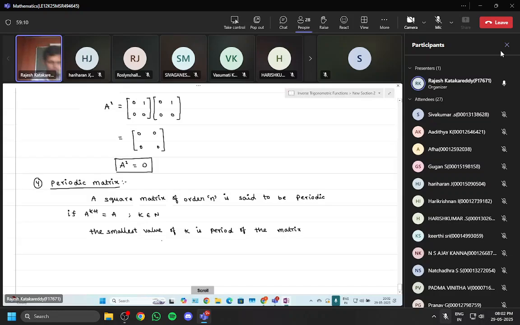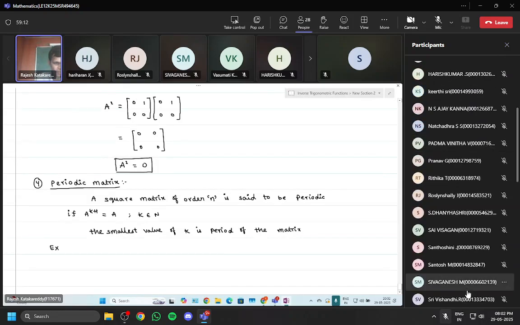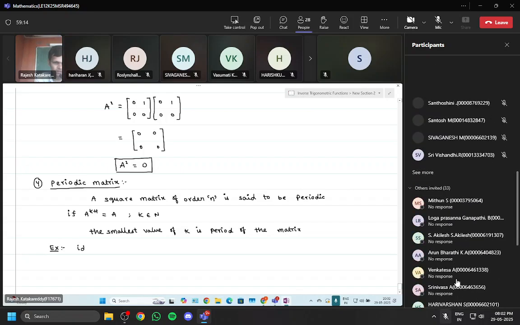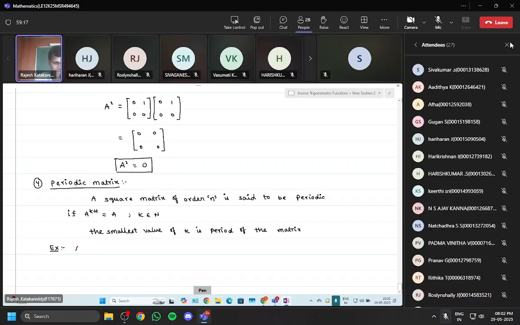You can take any examples. All idempotent matrices are periodic matrices.